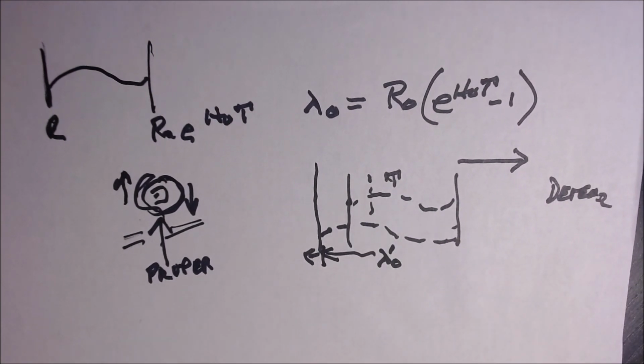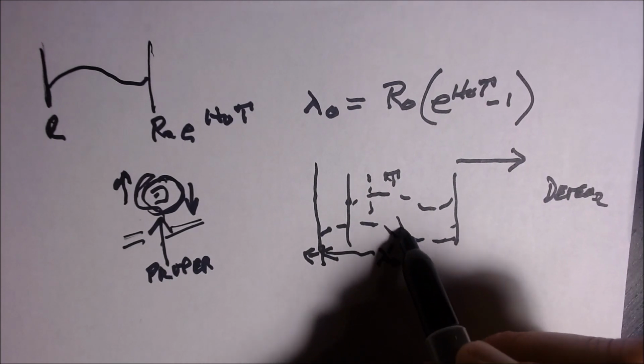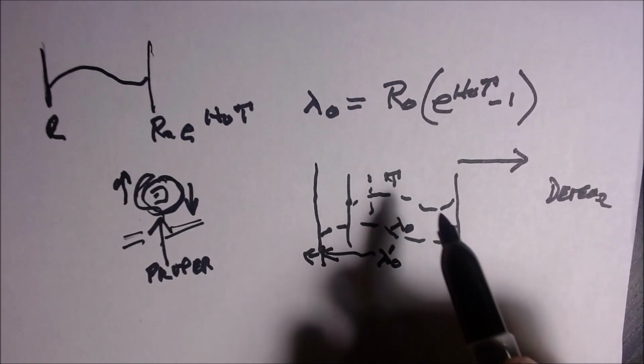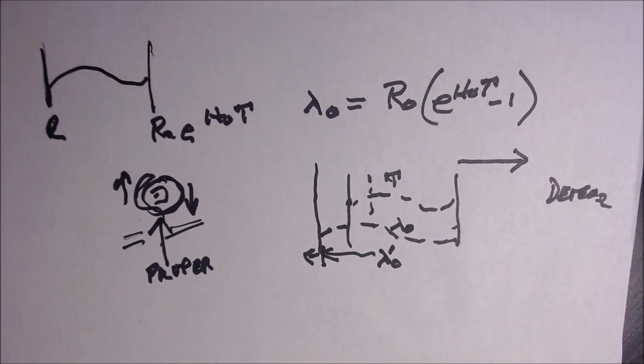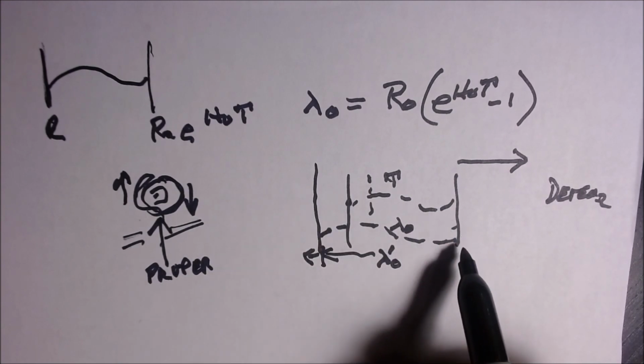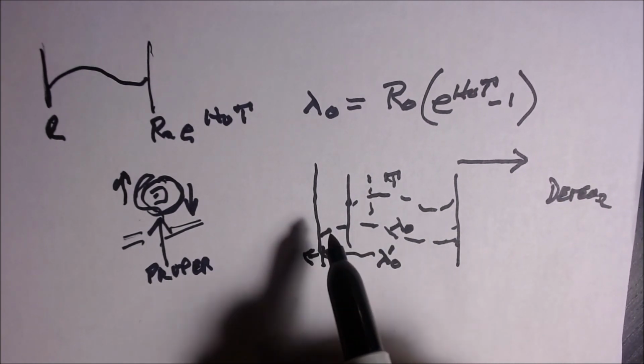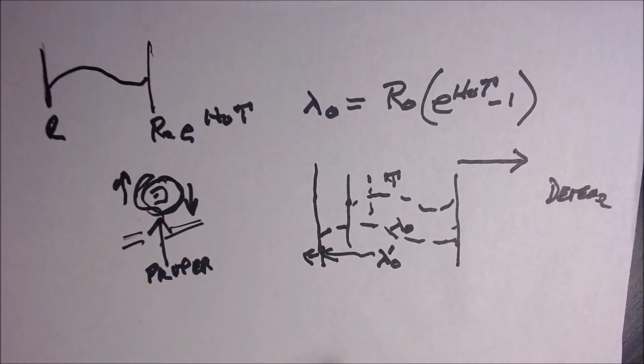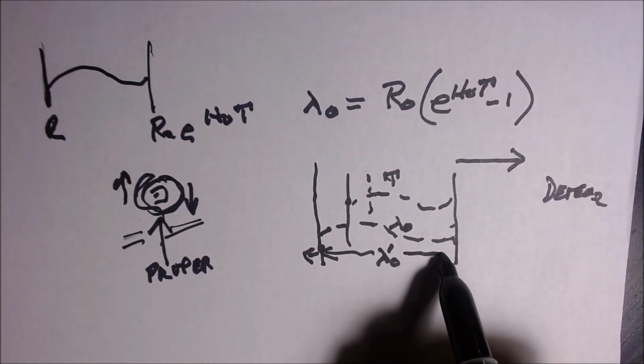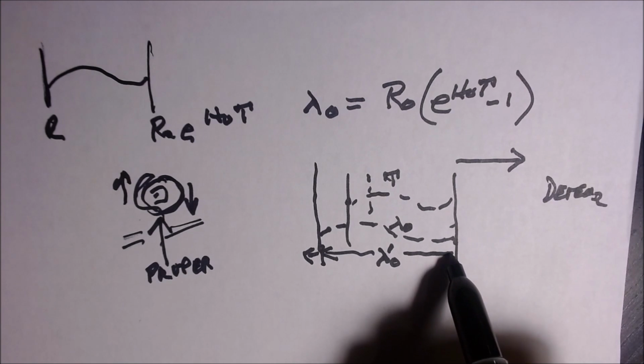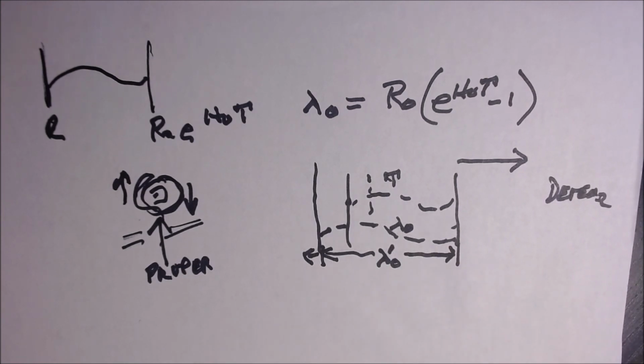Now I primed that because this is the original lambda 0. I'm not doing anything with that. We're just observing what happens to the wavelength if the source is moving away. So this distance here is lambda 0 prime.